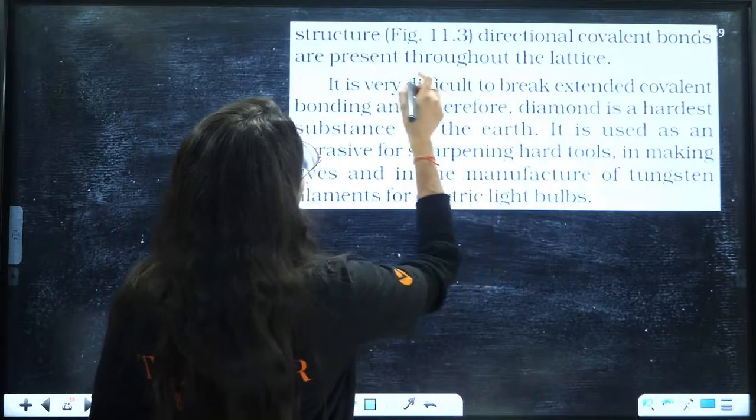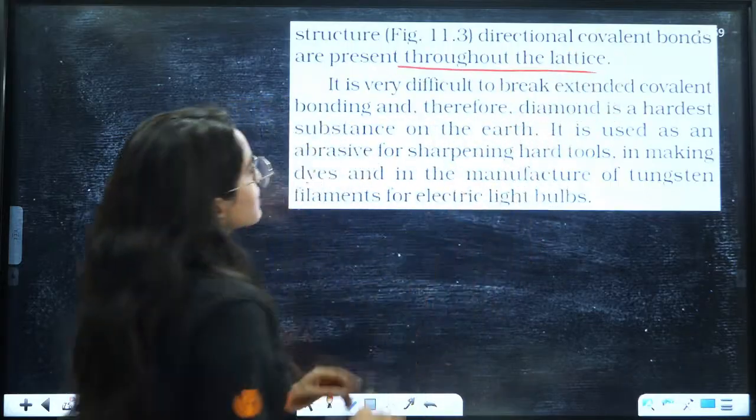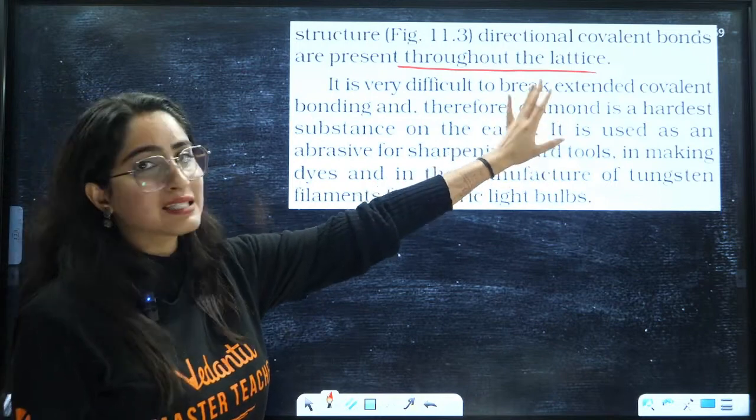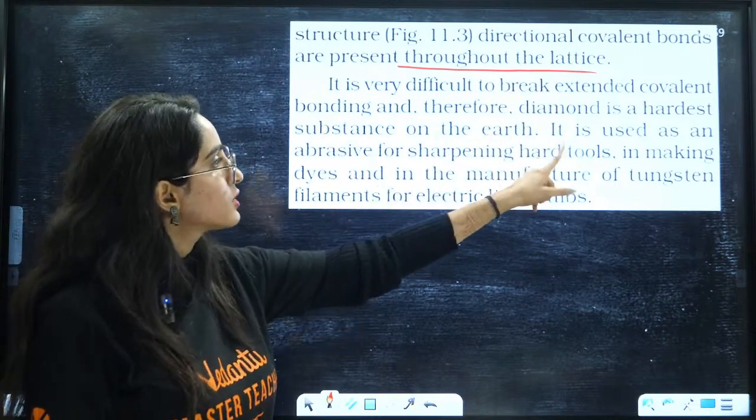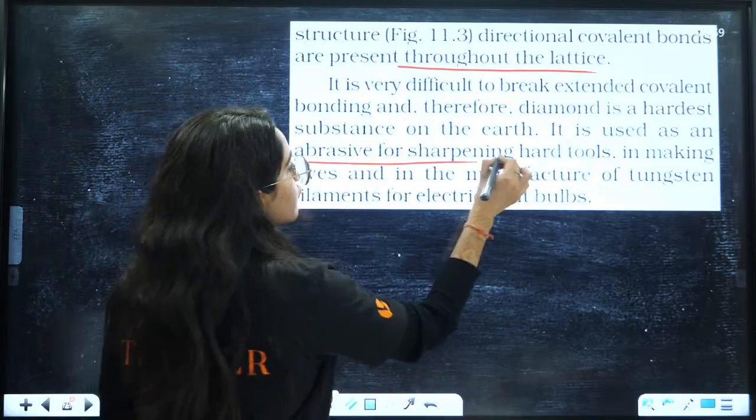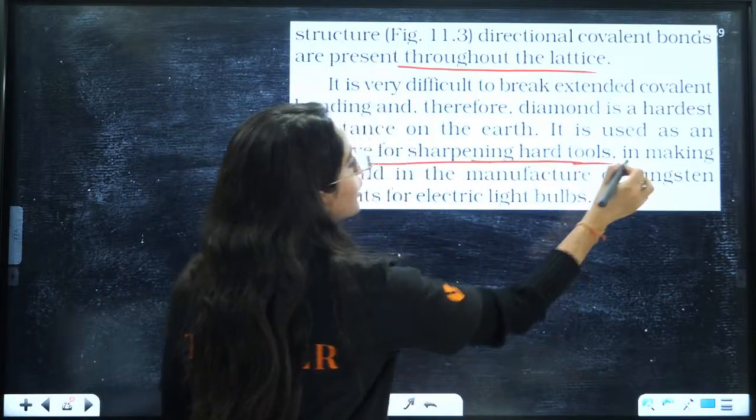And directional covalent bonds are present throughout the lattice. It is very difficult to break the extended covalent bonding. That is why diamond is the hardest substance. It is used as an abrasive for sharpening hard tools, right?